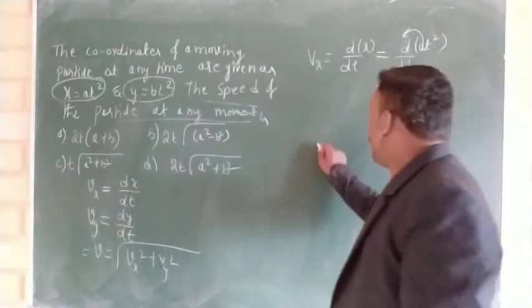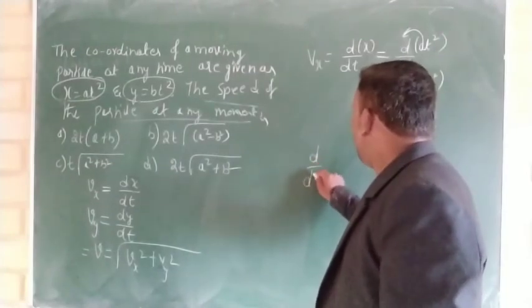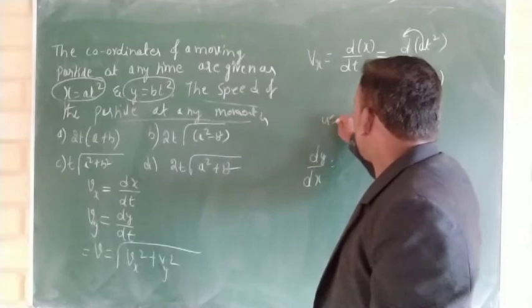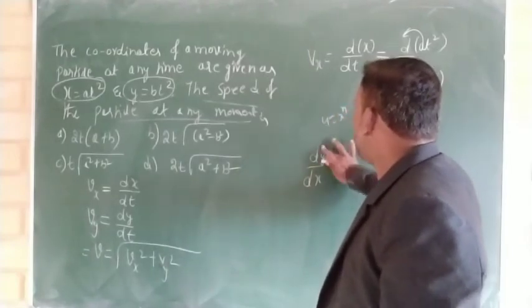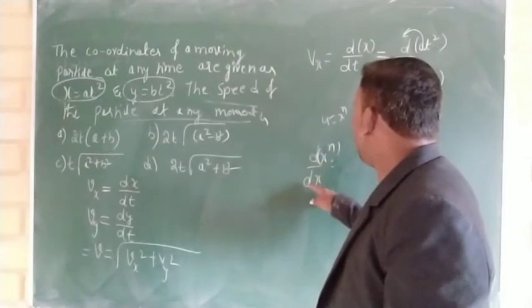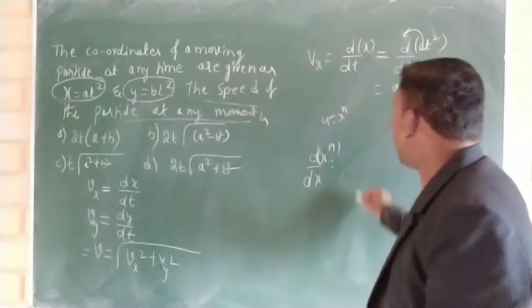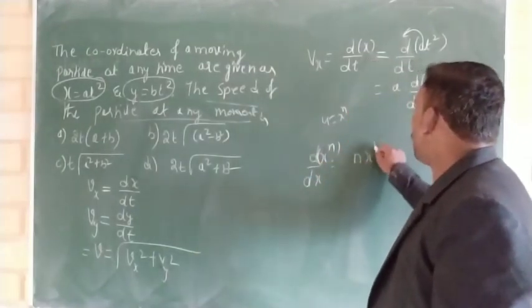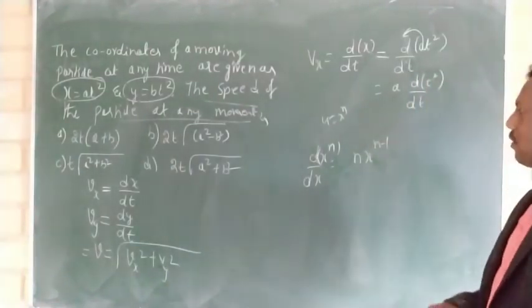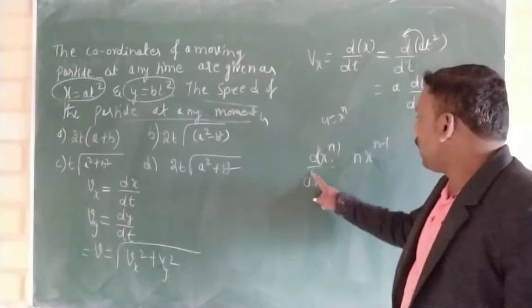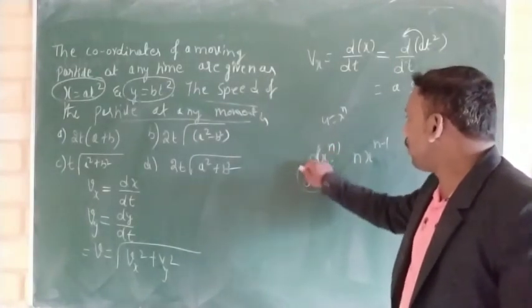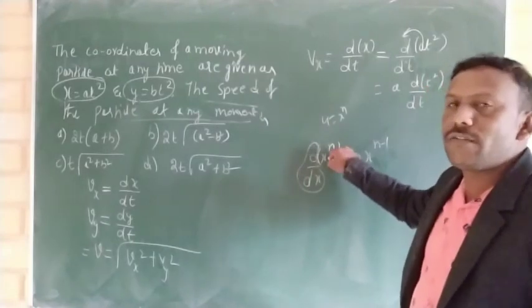We know that for y is equal to x to the power of n, the general equation d by dx of x to the power of n can be written as n into x to the power of n minus 1. Here d by dx is the derivative term, and x is the variable term.